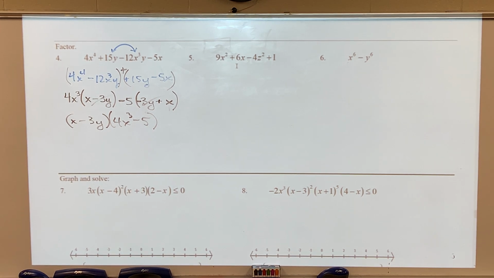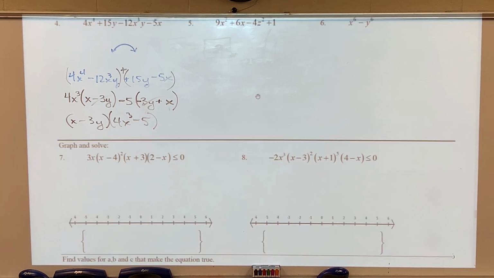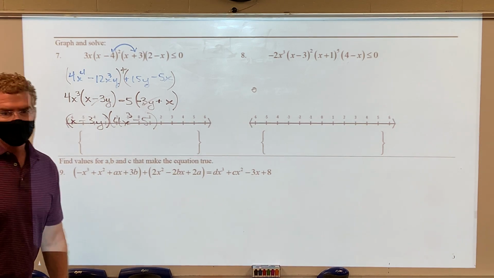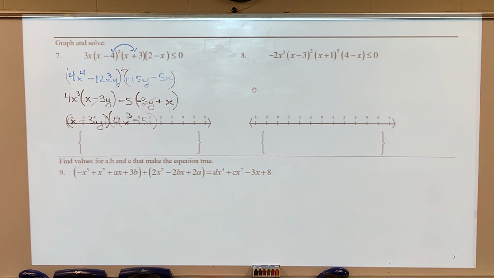What about, I want to jump around a little bit because we have a shortened period today. What if I jump to number 8? This is from yesterday, right? And this is a math team level question, which meant we really did a lot of stuff yesterday. What did we do first on a problem like this when we're trying to find out where this factored equation is less than or equal to 0?